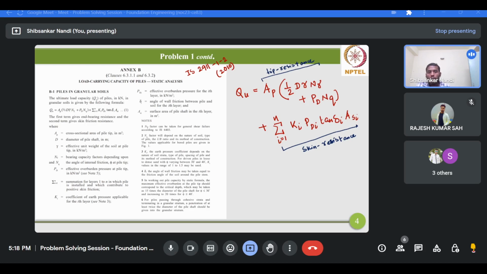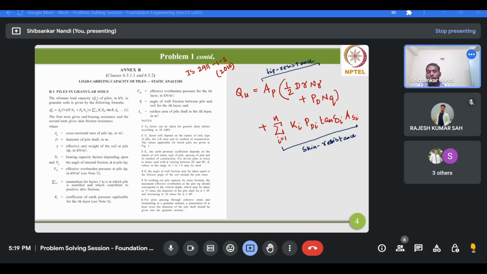Now why is the ith layer considered here? It is considered because of the variation in the skin friction resistance from the pile top to the pile tip. As you go from the pile top to the pile tip, you will have a variation in the skin friction resistance, so you have to take care of it in a layer-wise fashion.